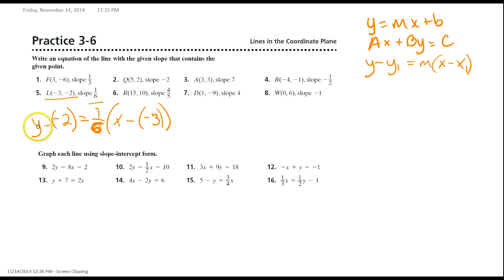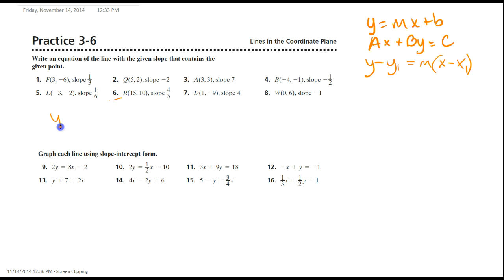So y minus -2, that's the same as y plus 2. 1/6 times x, 1/6 times minus negative would be positive. So 1/6 times 3 would be +1/2. And subtract 2 from both sides. Y equals 1/6 x, where was I? Minus 1.5.